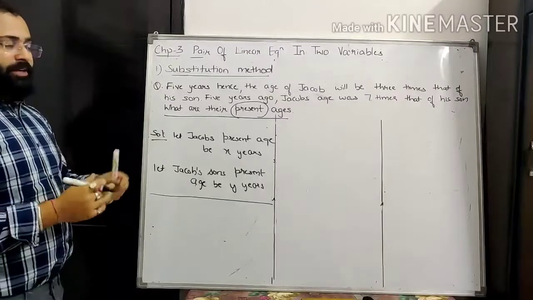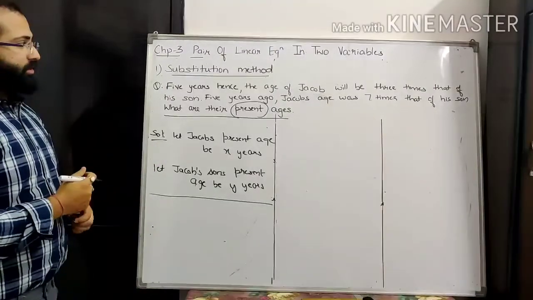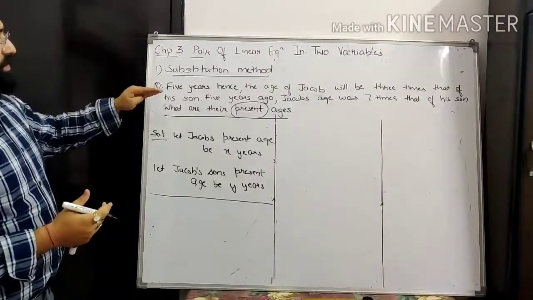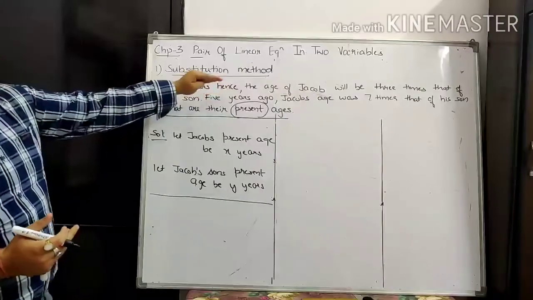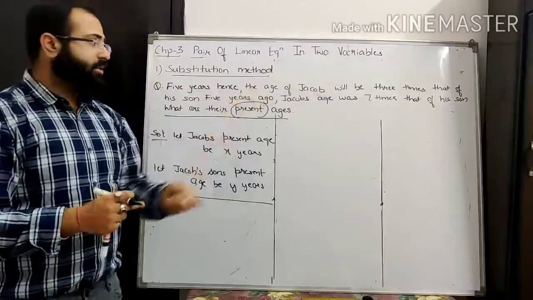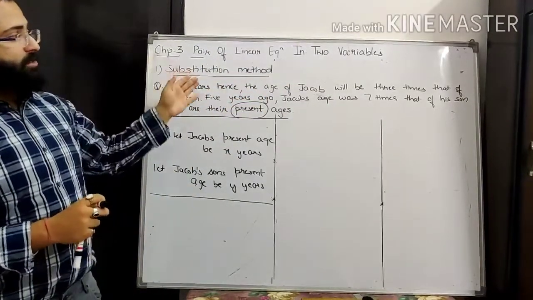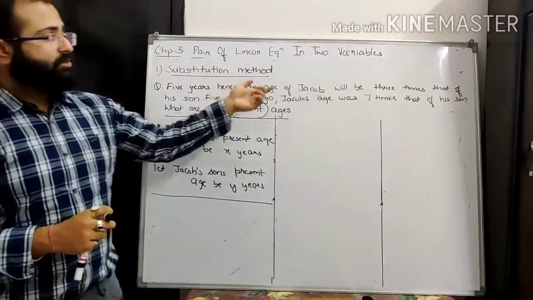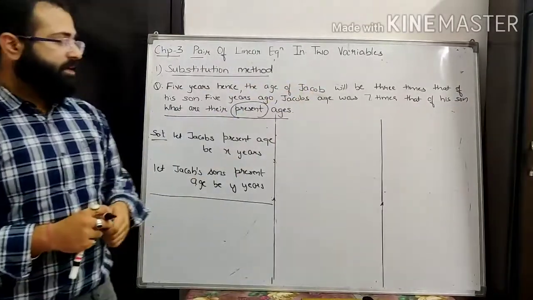Now the most important part: we need to formulate the equation. They say 5 years hence the age of Jacob will be, so they are talking about the future. After 5 years the age of Jacob will be 3 times that of his son.